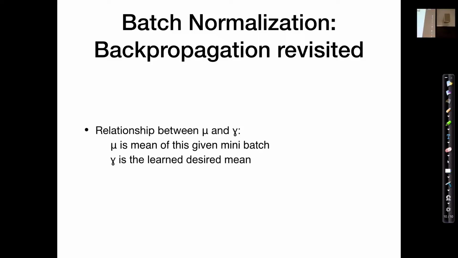Mu is going to change from mini batch to mini batch, but we're assuming it's some representation of the overall data. Gamma is the learned desired mean. So at the end of our training, we're going to have some learned value for gamma.